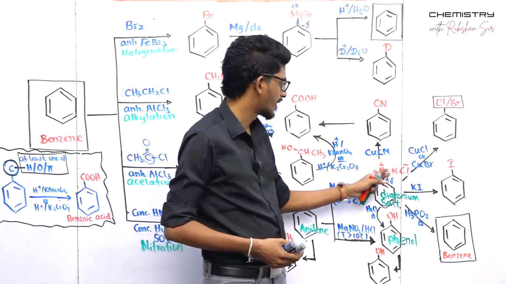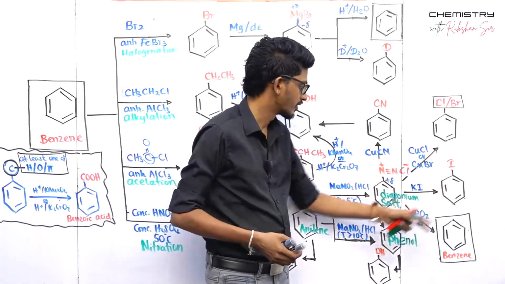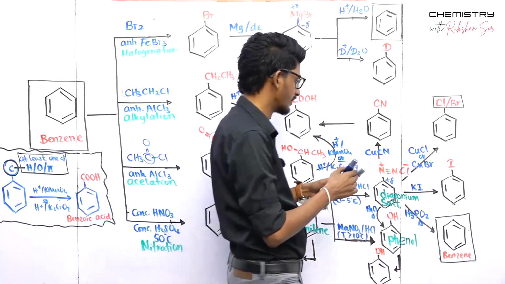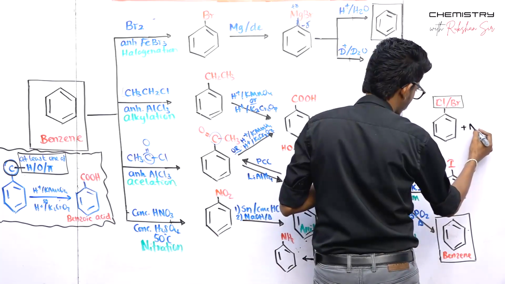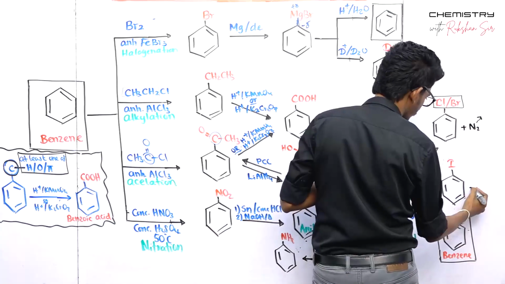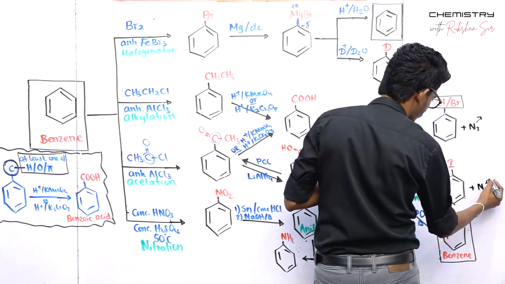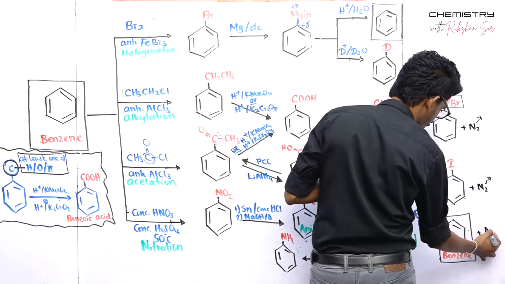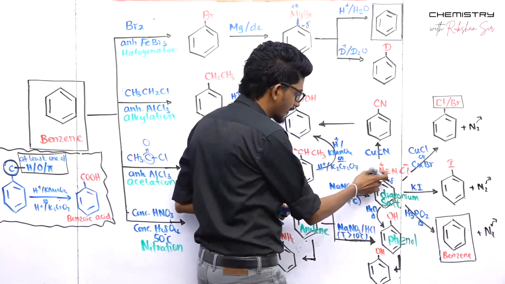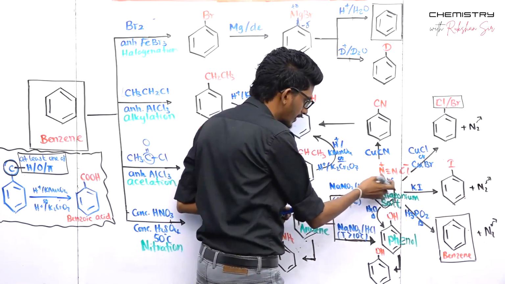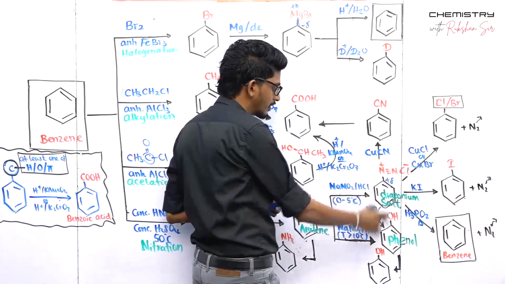When diazonium salts are participating to produce these things, always the N2 gas will be released. Just mark that thing as well. When the nucleophile connects to the ring, the N2 will be released, right? You can clearly see the N2 is appearing.